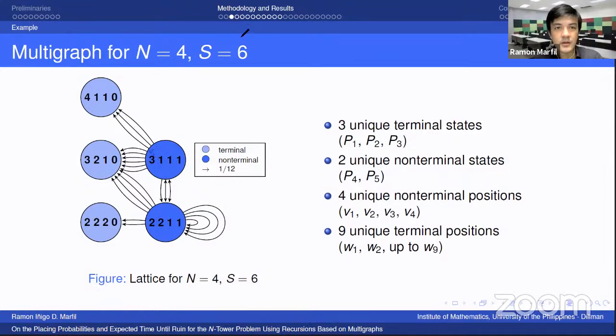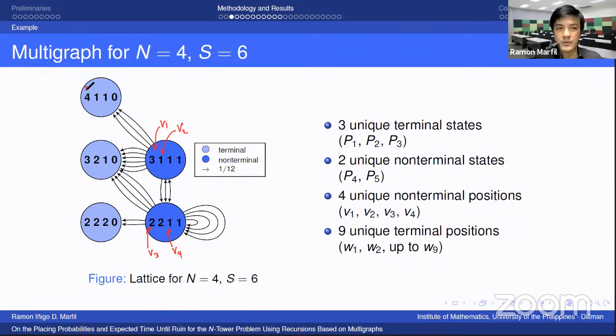Wait, gamit tayo ibang color. So V sub 1, V sub 2 yung 1 unit of wealth. V sub 3 naman yung 2 dito. Tapos V sub 4 yung 1 dito sa state na to. And we also have 9 unique terminal positions.